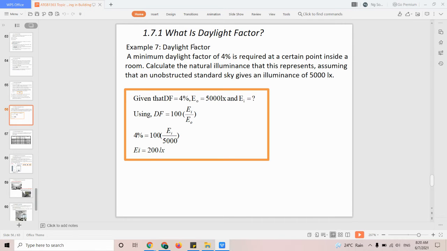Okay, so we have example 7, which is a daylight factor. So given that you have a 4% minimum daylight factor required inside this room, so we need to calculate what is the natural illuminance that this represents, assuming that an unobstructed standard sky gives an illuminance of 5,000 lux.